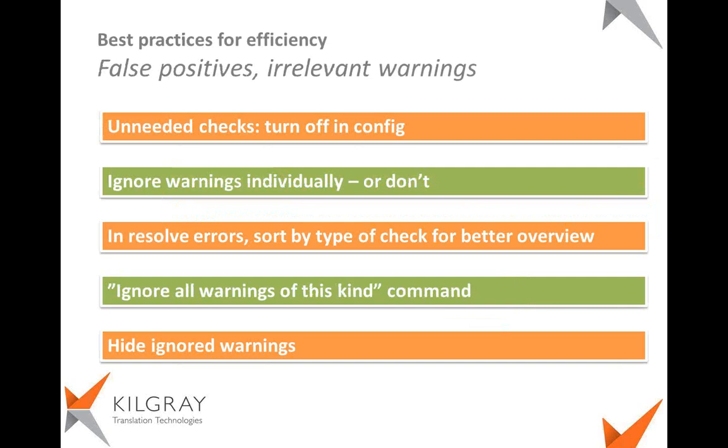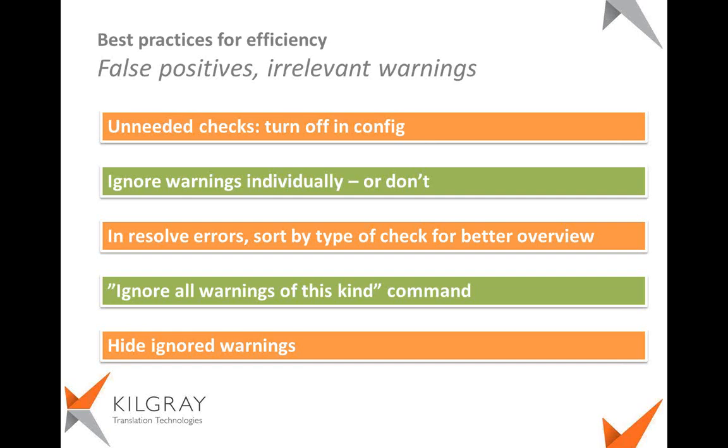The most important thing is that you need to use only those checks that you are interested in. MemoQ can give you, last time I counted it was something like 40 or 60, I don't remember the number, but a lot of different types of warnings. And these are related to a lot of different types of checks that MemoQ performs on the text.